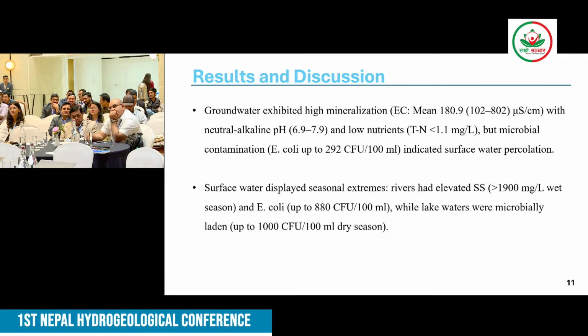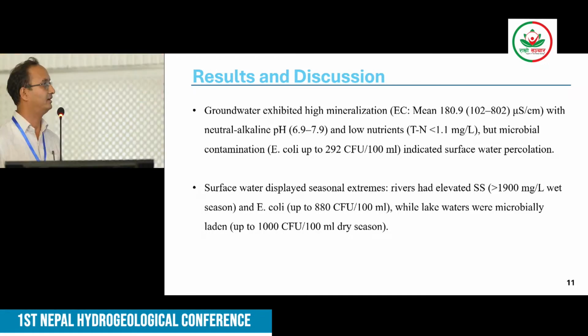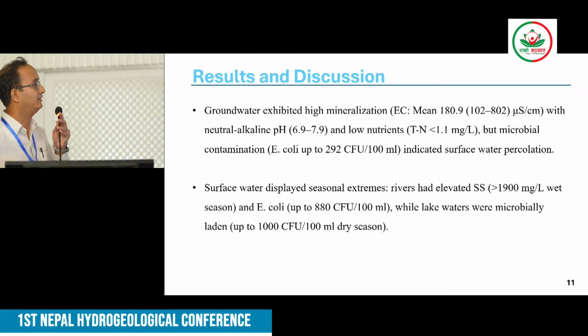What we can say here is that the groundwater mineralization is very high. You can see the mean is 180 microsiemens per centimeter, and the pH is 6.9 to 7.9.